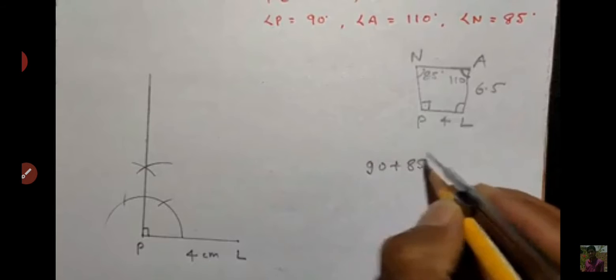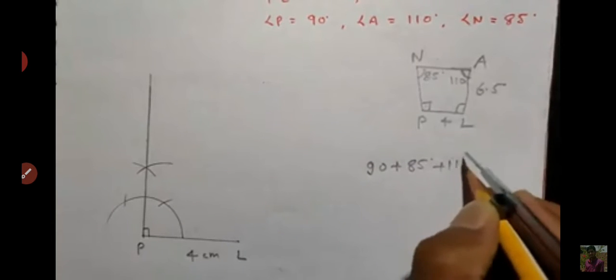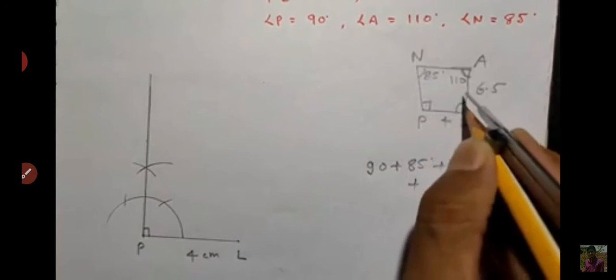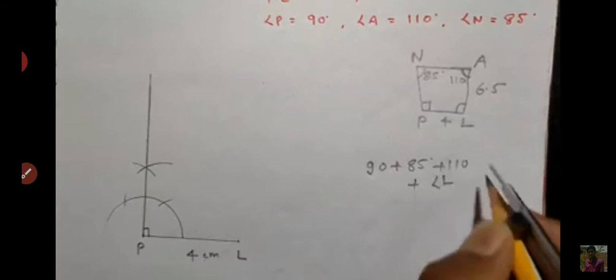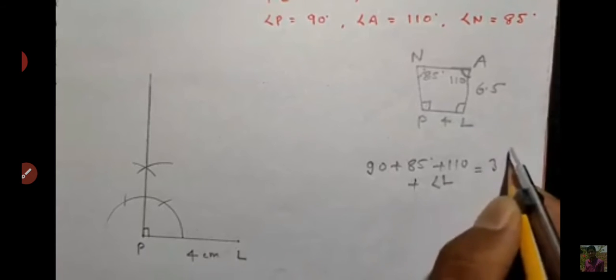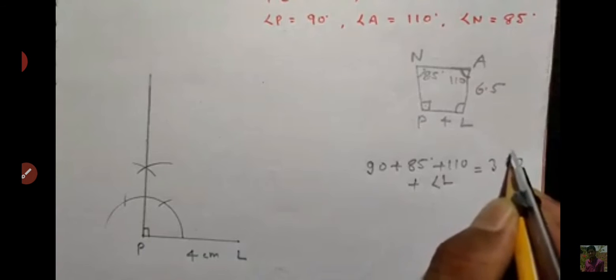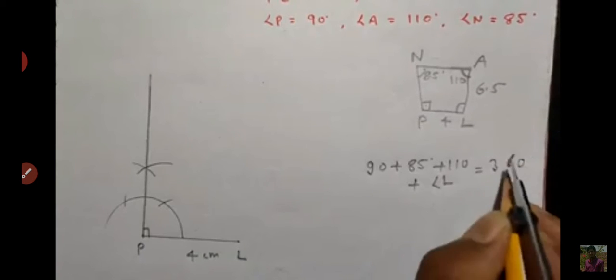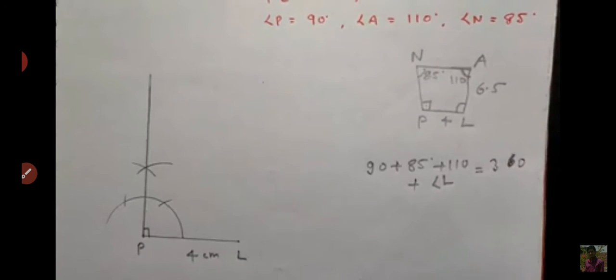So first of all we have to find the angle L because we know three angles. Then the fourth angle we know from the property of a quadrilateral, the angle sum property of a quadrilateral. The sum of all the angles is 360 degree.